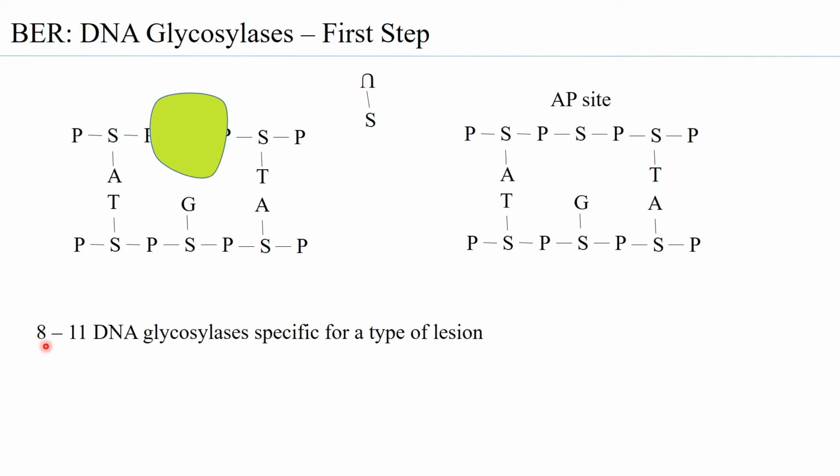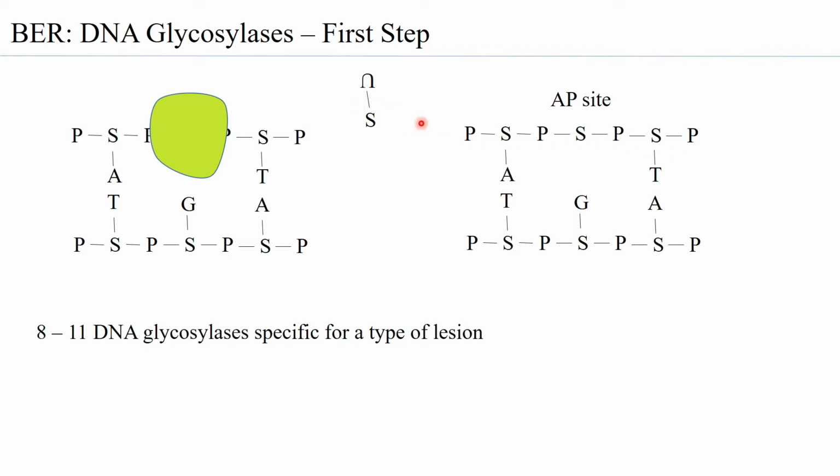It has been observed that there are about 8 to 11 different DNA glycosylases, and each belongs to a certain family depending on its structural characteristics. But the understanding is that DNA glycosylases are able to identify an abnormal base and remove it by cleaving the N-glycosidic linkage.